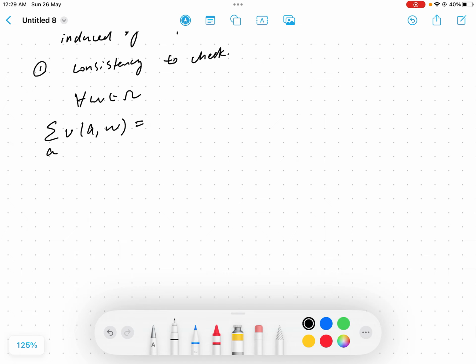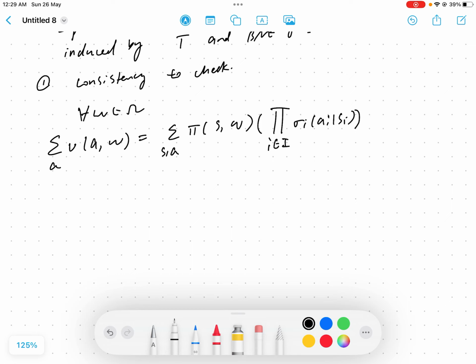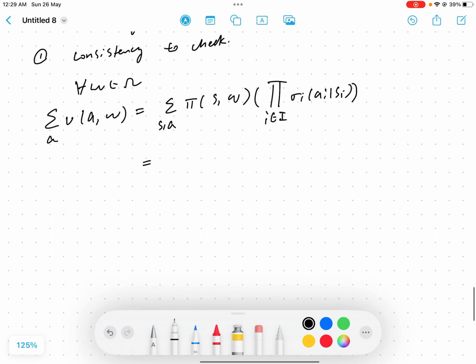Remember the definition for the V's, right? This is induced by the pi and sigma. So we just write how we induce them. We have those formulas previously, so that's pretty simple. This is pi of s given omega times the product of sigma_i of a_i given s_i, okay? Then we just exchange the order of the summations, and then we get the following.